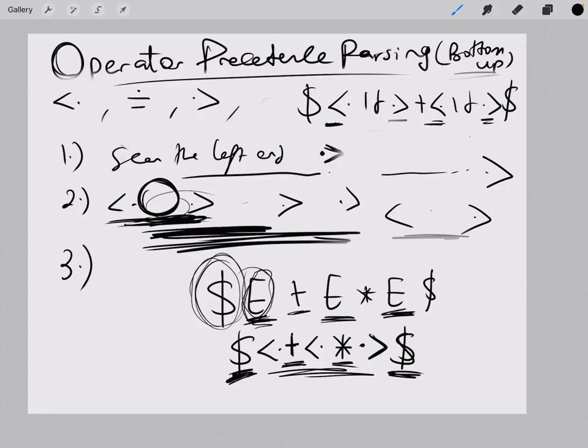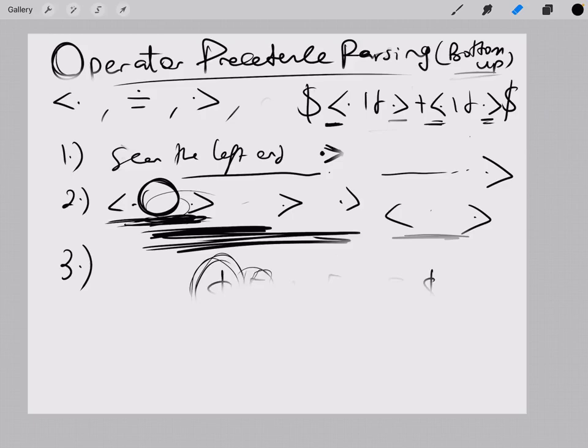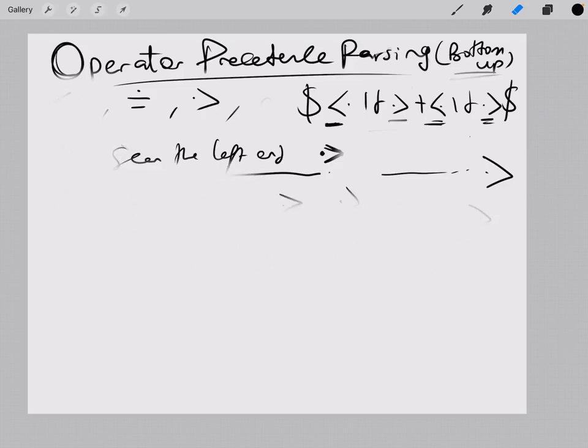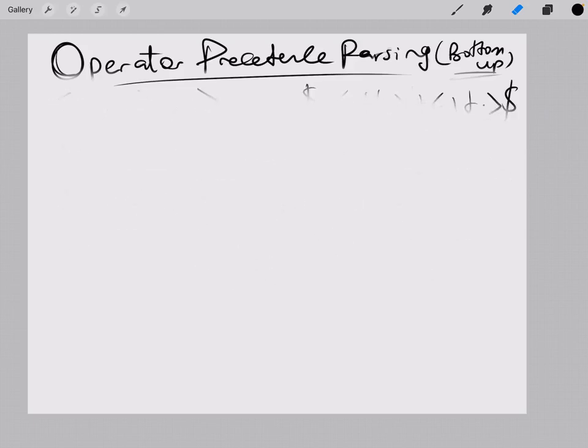These are what influence the stack's decisions, not the non-terminals. We'll look at the rules and then do an example. Without an example, operator precedence will be a lot of information, and an example will clear all the doubts. I'm going to be very slow with the example, so you get it.